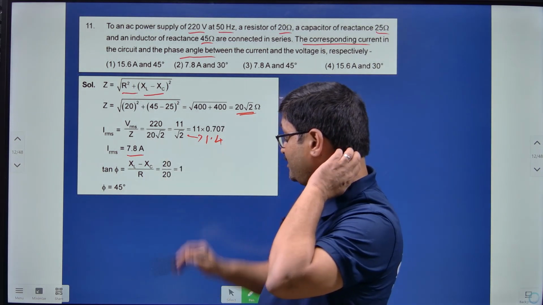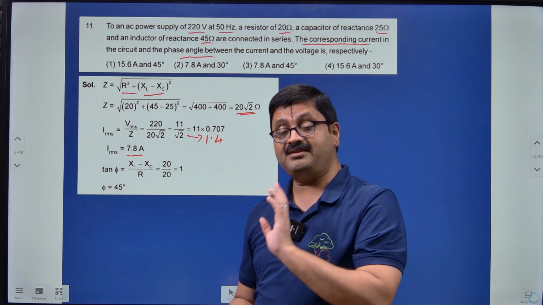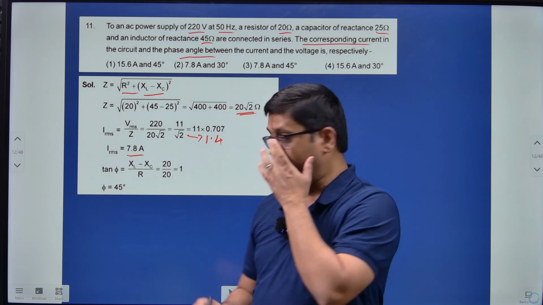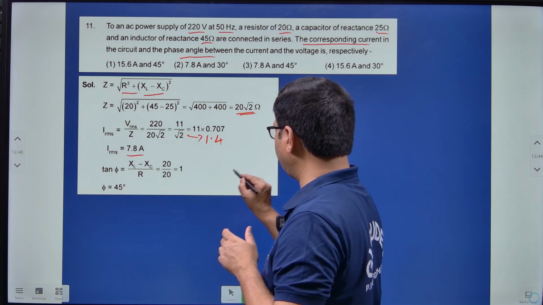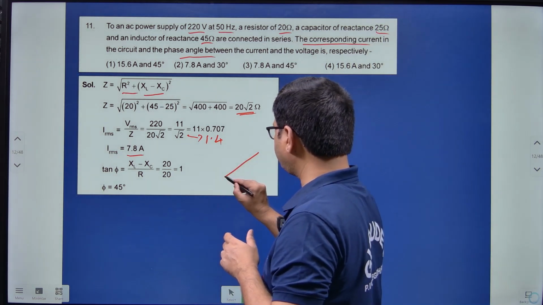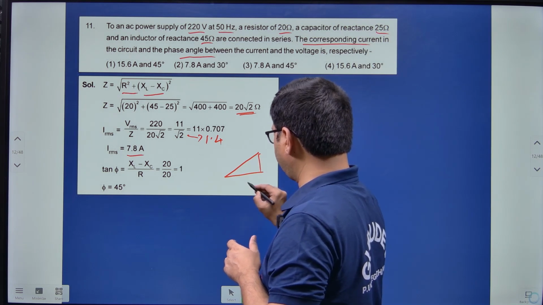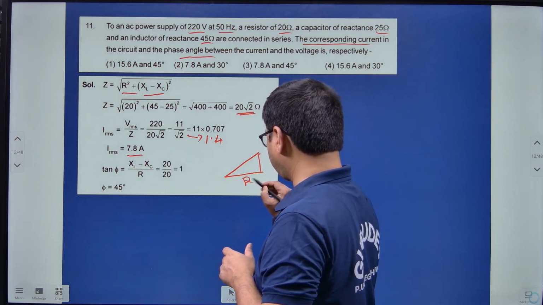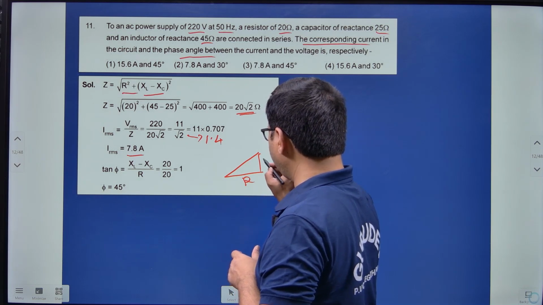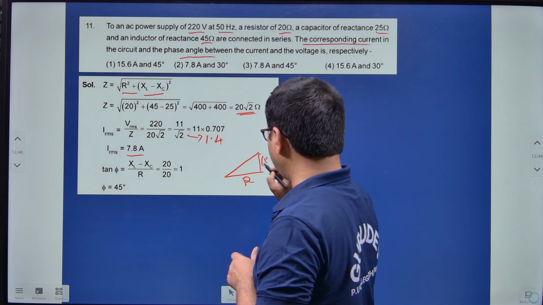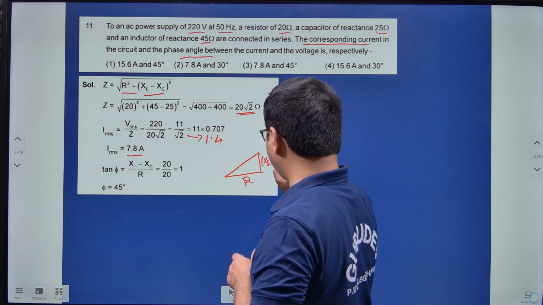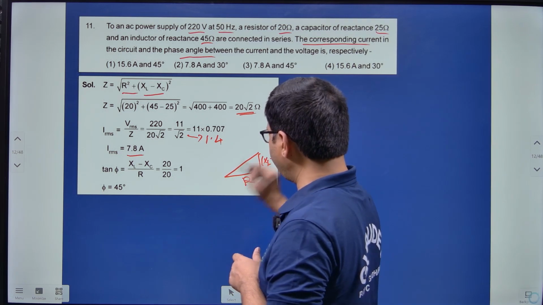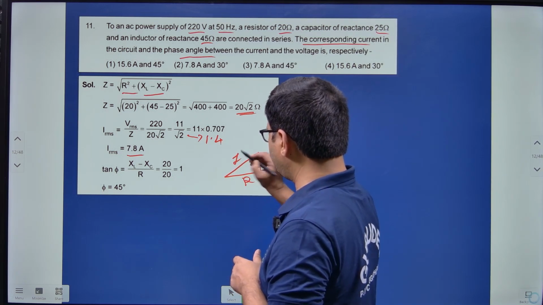Then phase angle. I can very easily understand that phase angle, from the impedance triangle, we can understand that. Suppose I take this as R, okay, and this as XL minus XC. Then this is Z for us.